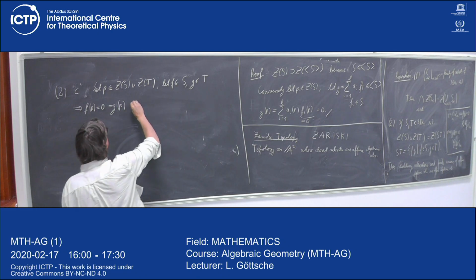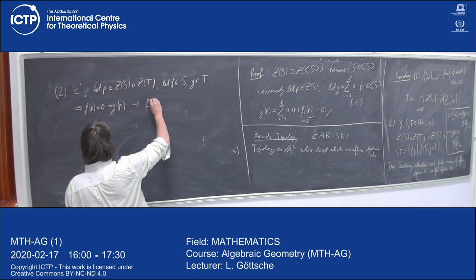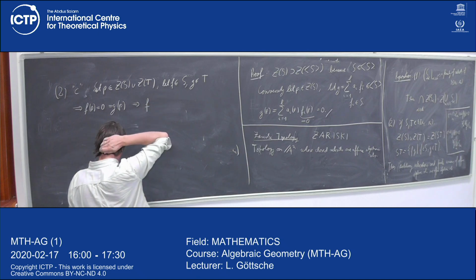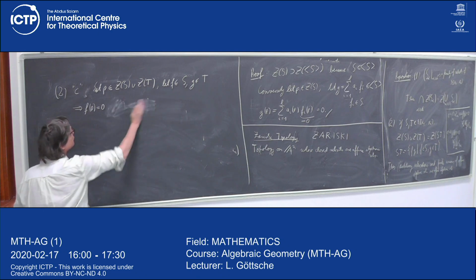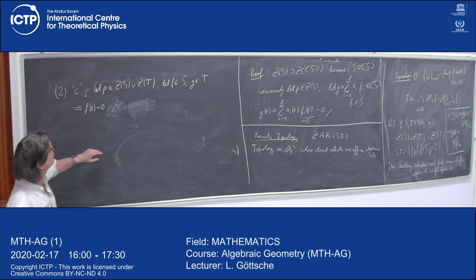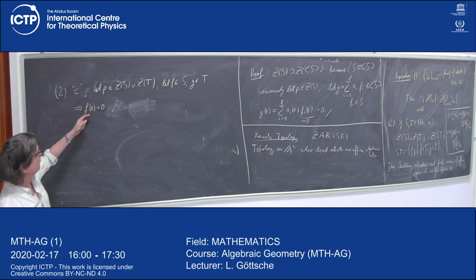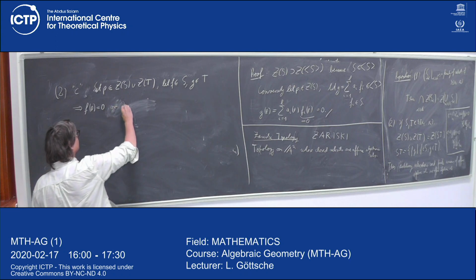So, not F of P is equal to 0 and G of P is equal to 0, it's supposed to be the union of the two zero sets. So therefore, one of the two must be 0: F of P is equal to 0 or G of P is equal to 0.